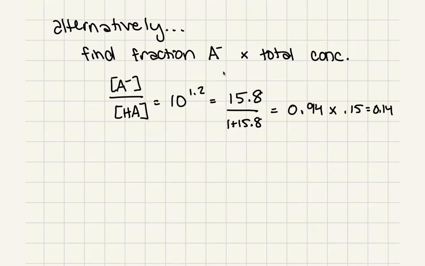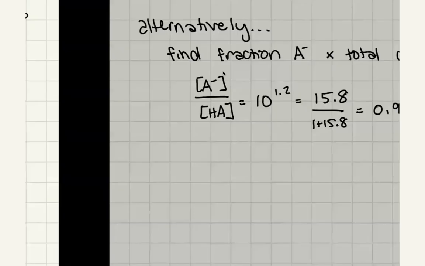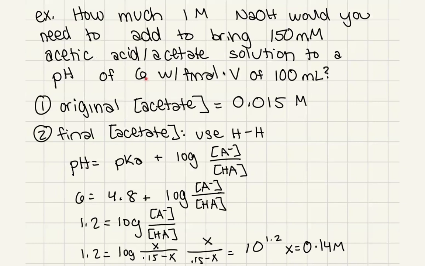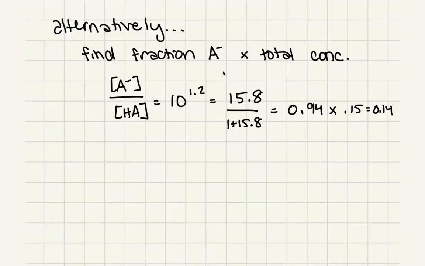An alternative way we could have done this, similarly to before, is to find the fraction of acetate and then multiply that by the total concentration. Basically we have 10 to the 1.2, which we got from our pH of 6 minus the pKa of 4.8, giving 1.2. We take 10 to the 1.2 and get 15.8.